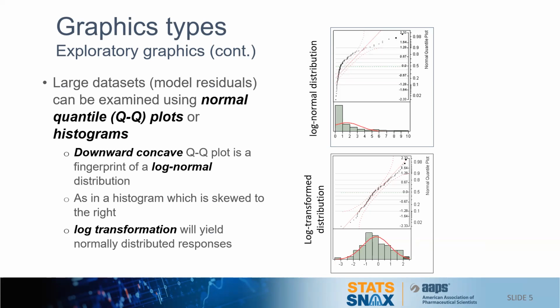What we would typically do with such data is perform log transformation. And we'll see once we transform the data from the previous panel, the data do fall primarily on the solid red line, a good indication of normality, and the distribution is approximately normal, or is at least symmetric.